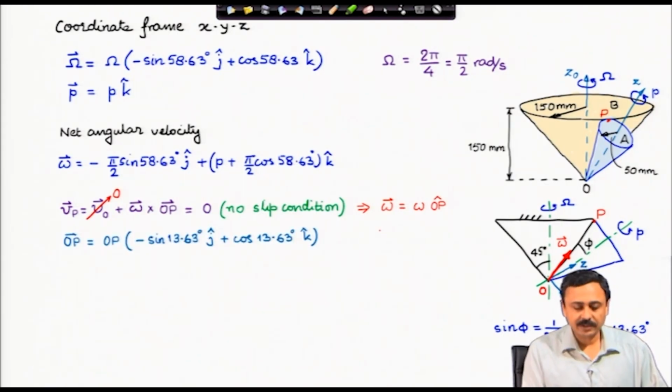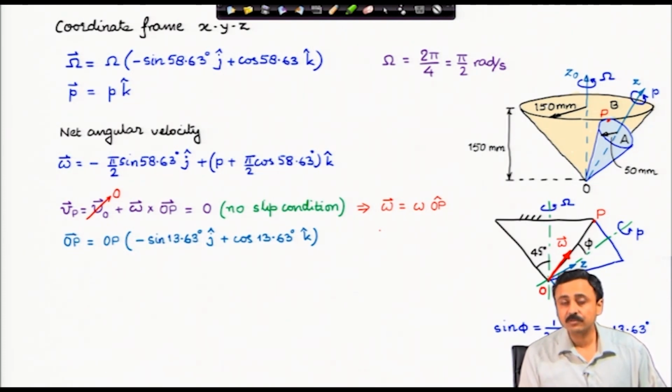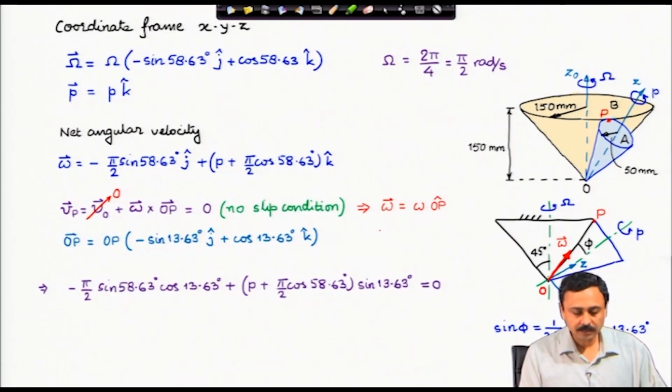Now, the OP vector I can represent very easily. I have this angle phi, I can represent this vector in xyz, which I have done, and this is omega cross OP's expression. I have done the algebraic calculations.